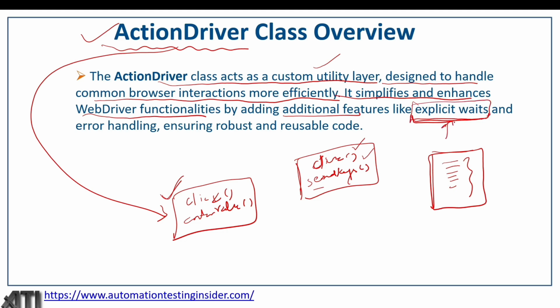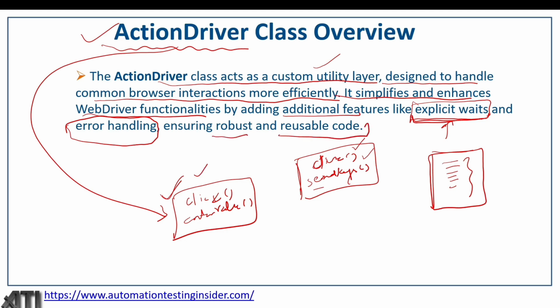Based on the WebDriverWait class, we have different conditions. So we are going to use these explicit waits inside our script in the ActionDriver class. And error handling: we are going to do proper error handling in those methods inside the ActionDriver class. That ensures robust and reusable code, correct?